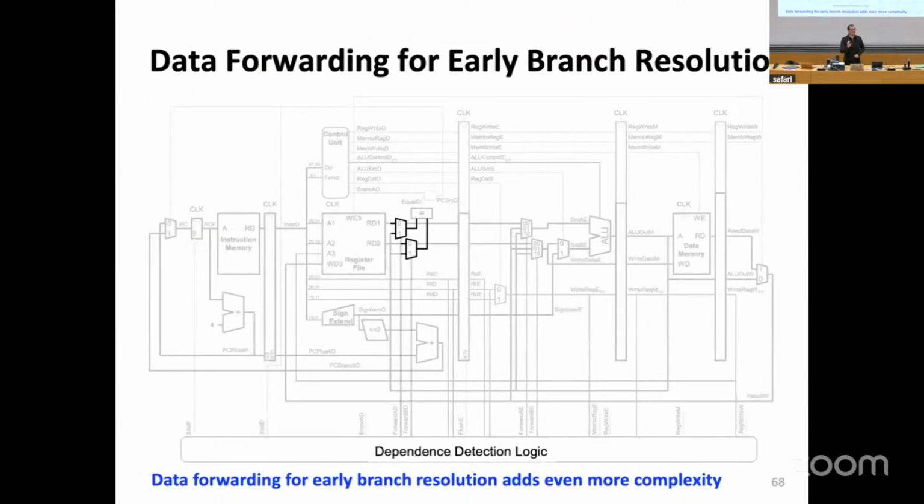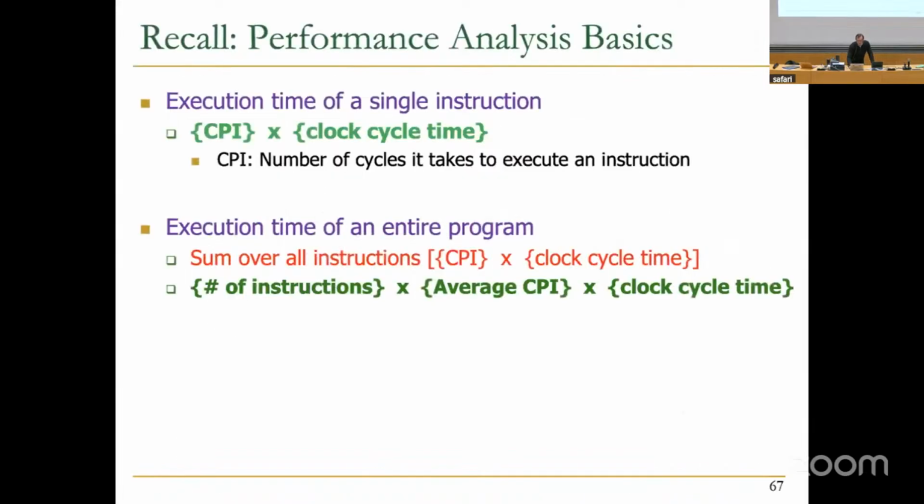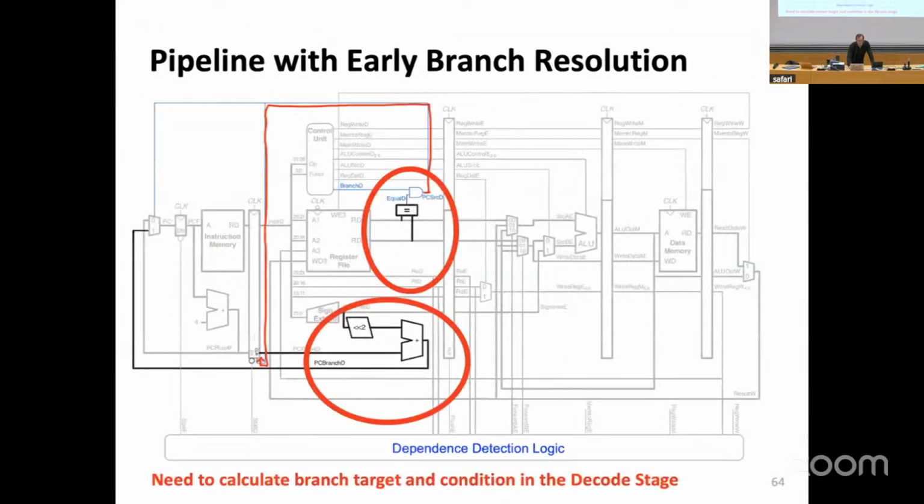Okay, that's not the end of it. We forgot the data forwarding, meaning how can we resolve this branch? What I just showed you works actually only if the data values of registers are available for the branch to correctly calculate. What if they're not available? What if there are instructions over here that are writing those?